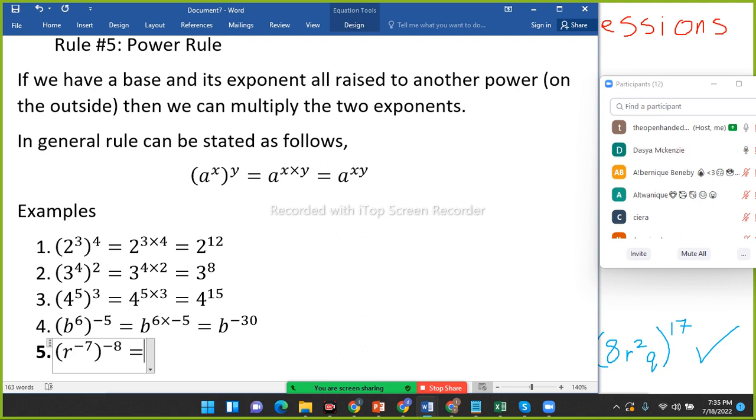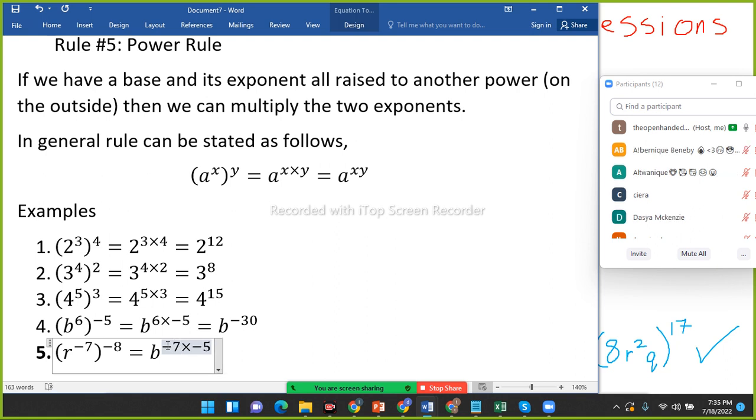You said anyone could try? Yes, anyone could try. So that'd be r to the power of negative 7 times negative 8, and that'll be r to the power of 56. R to the power of positive 56 or negative 56? Positive. Why? Because when you multiply two negatives, you get a positive. Excellent.